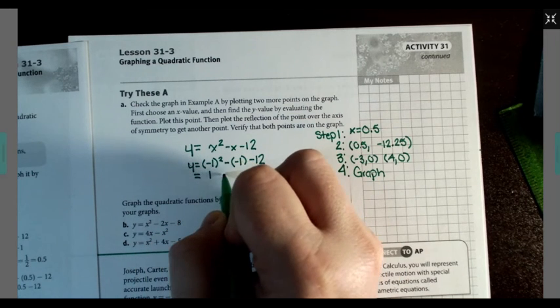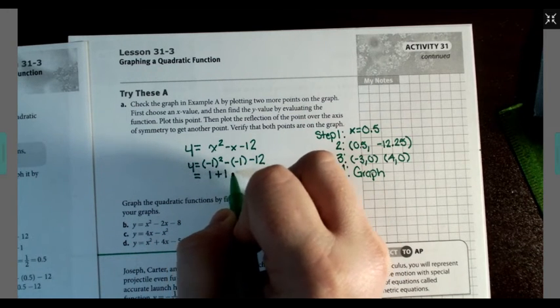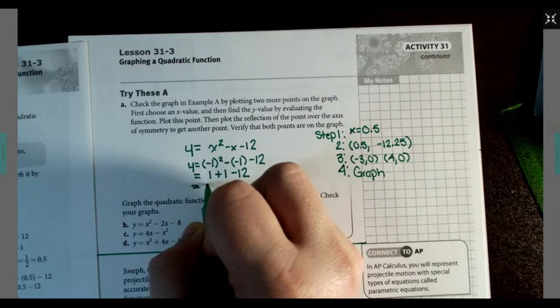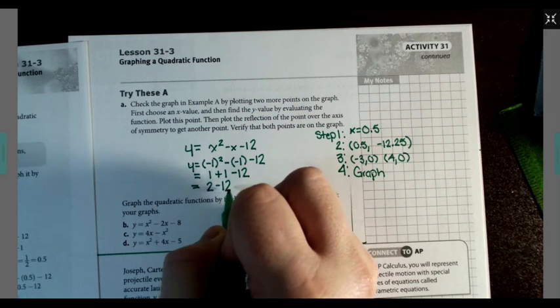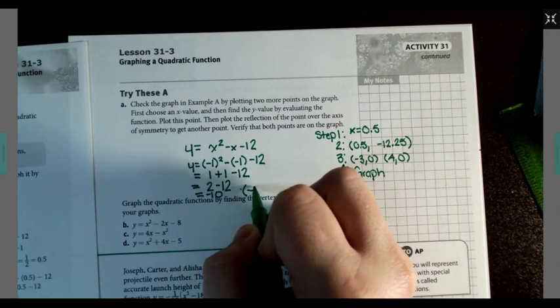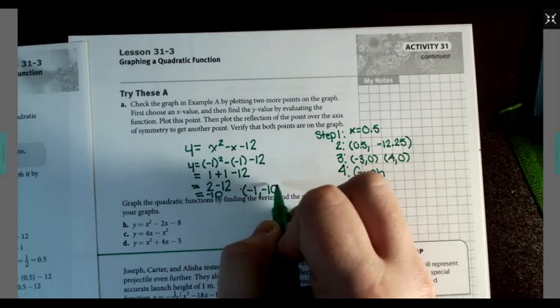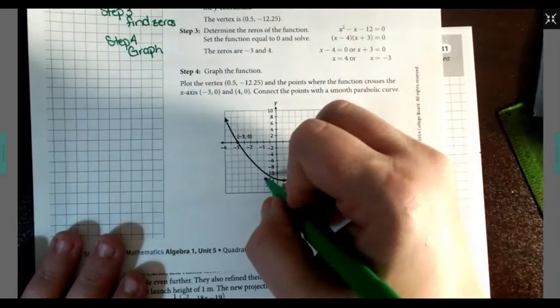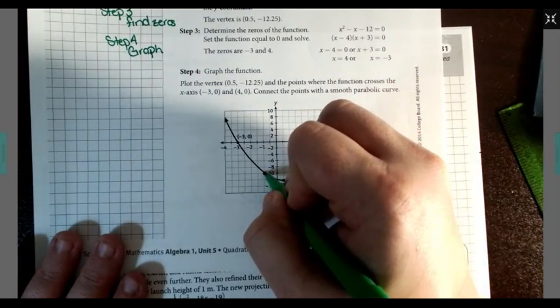Well, that's positive 1 plus 1 minus 12. That's going to be 2 minus 12, which is negative 10. So this ordered pair is negative 1 comma negative 10. Let's find that on our picture. Negative 1 comma negative 10 is right here.